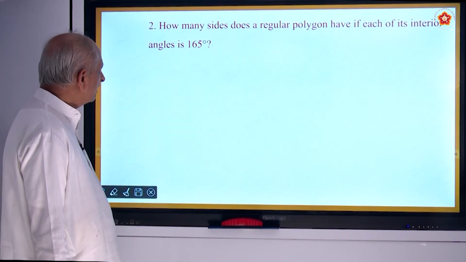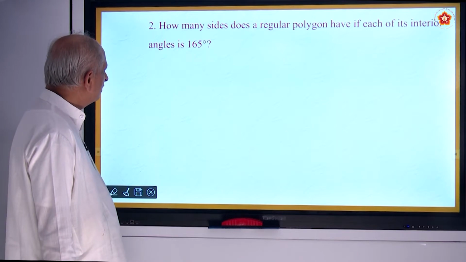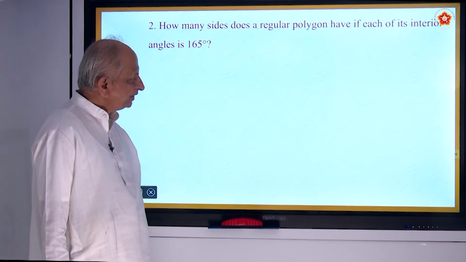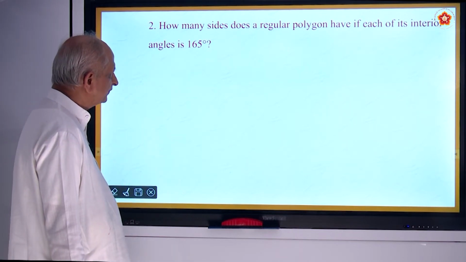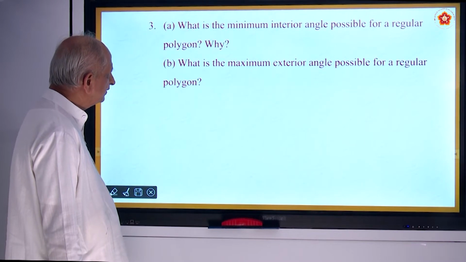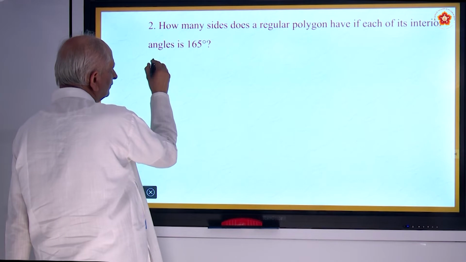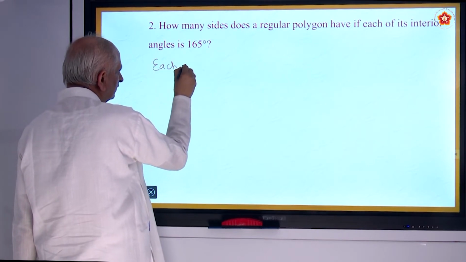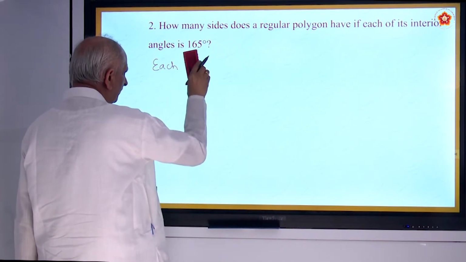Okay. Now coming to one more question. How many sides does a regular polygon have if each of its interior angles is 165 degrees? Now for this you should know. So each interior angle is given. Each interior angle of a regular polygon.